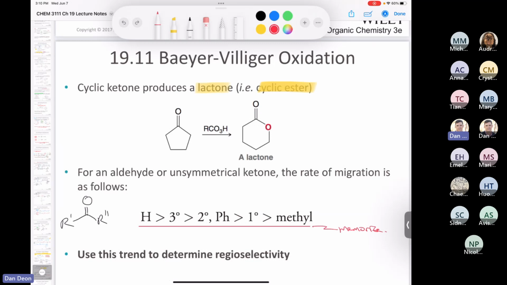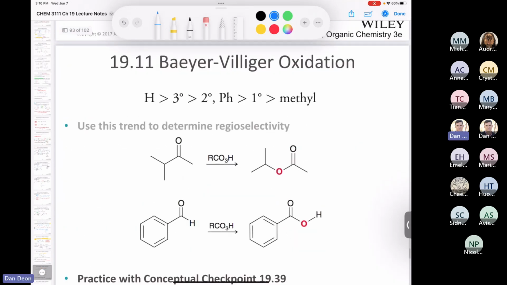So in fact, the reason why it's in this order is not that well understood. Students usually memorize it pretty quickly. They just remember if you have an aldehyde, you're going to get a carboxylic acid, and then it goes tertiary, secondary, primary, and methyl, and phenyl is tied with secondary. All right? So that's the rule.